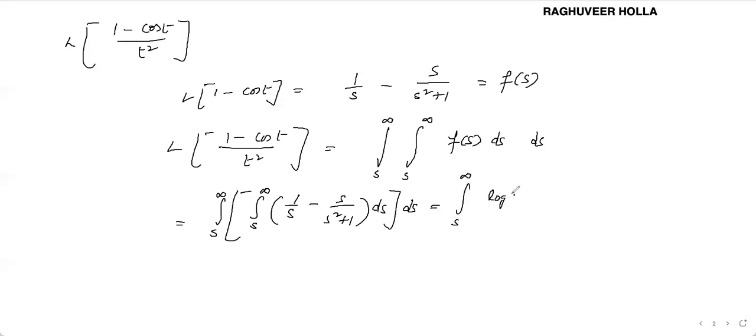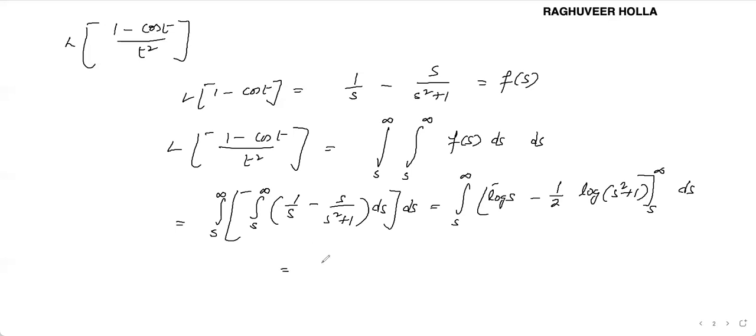Okay. So this will be log of s minus 1 by 2 log of s square plus 1. Okay, now we have the limits s to infinity. So we are done with the first integral.